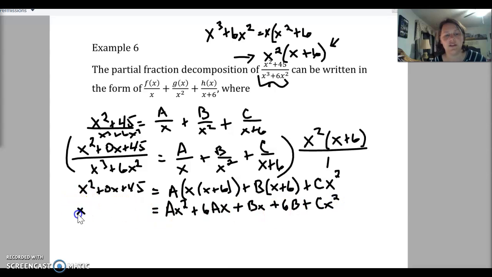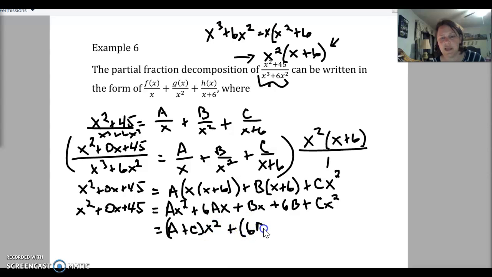Now rearrange so that everything on the right-hand side is with like terms. And I'm also going to factor at the same time. So I can factor out that x squared, and I would have A plus C times x squared plus 6A plus B times x plus 6B.